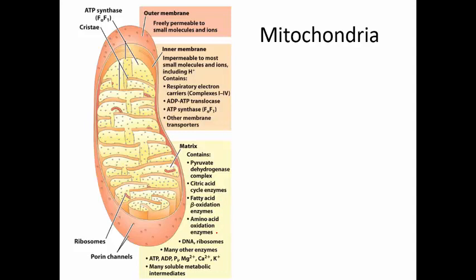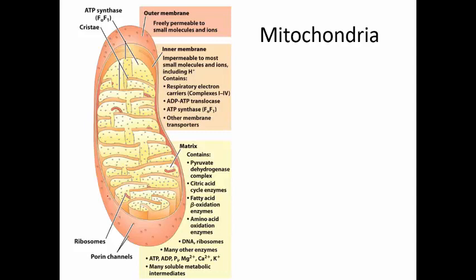The only oxidation we have talked about so far that does not take place in the mitochondria has been glycolysis. Glycolysis takes place in the cytosol, but once we get past that, the pyruvate moves into the mitochondria, and then everything else happens in here. That is why it's called the powerhouse of the cell, because it's where we're producing all of that ATP for us.